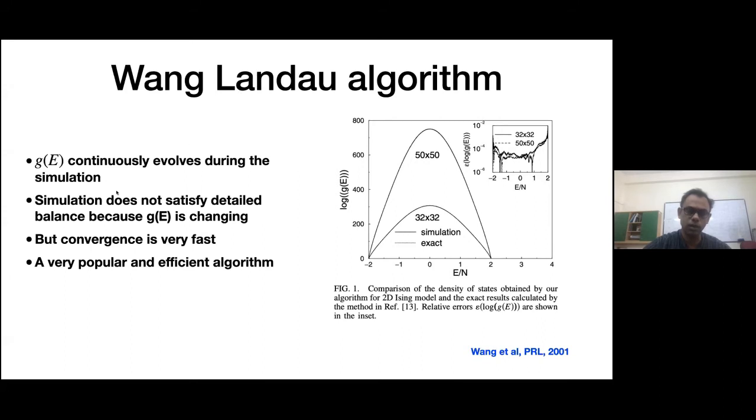It has a defect that it does not obey detailed balance during the simulation, but convergence is extremely fast, and this is a very popular and efficient algorithm. I will not give the details of that particular algorithm.